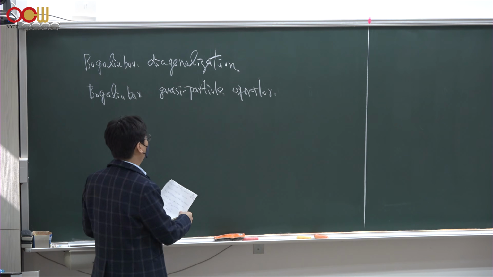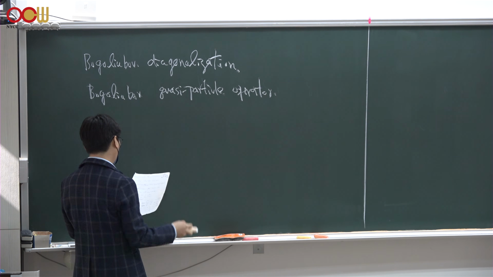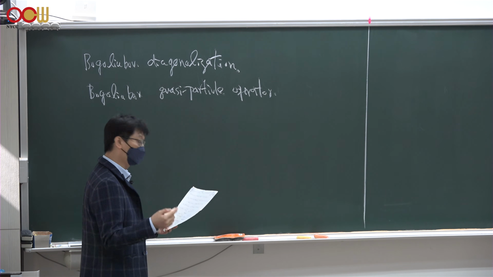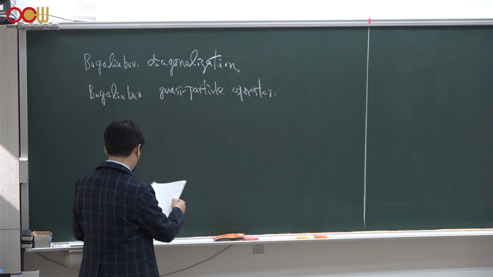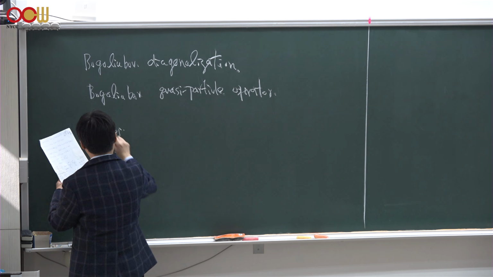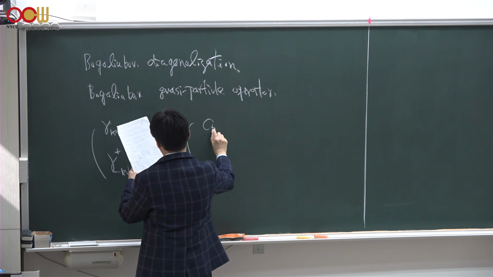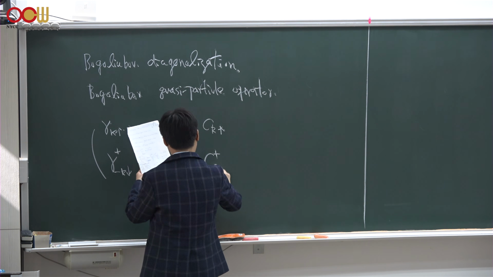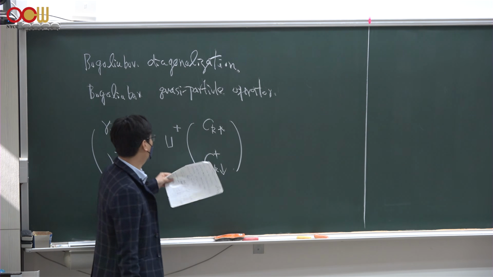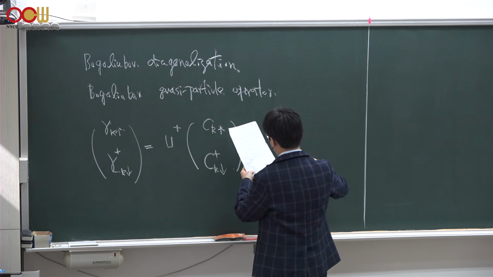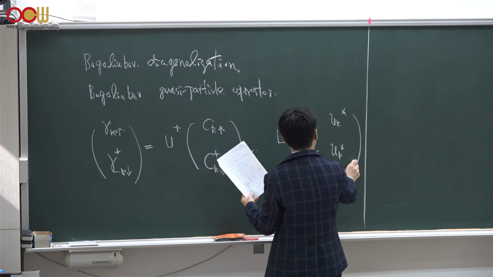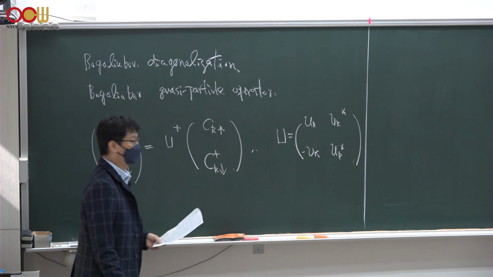Remember, in your applied maths, you know very well that when you try to diagonalize a matrix, you should find a unitary matrix, right? Under such a unitary transformation, this Hamiltonian is diagonalized. This unitary matrix, U or U dagger here, is made of the coefficients that correspond to the eigenvectors, which I will mention in a moment.